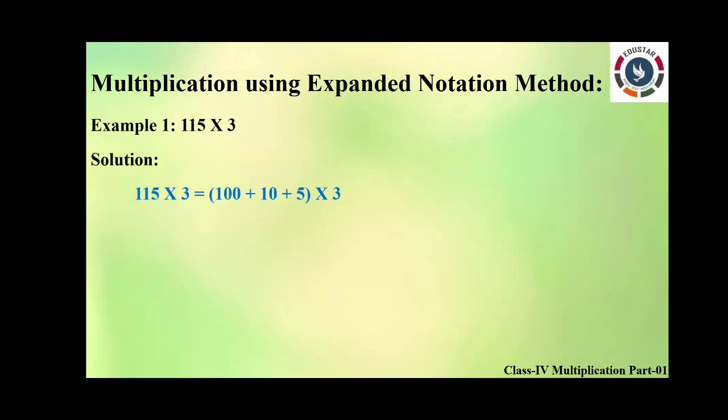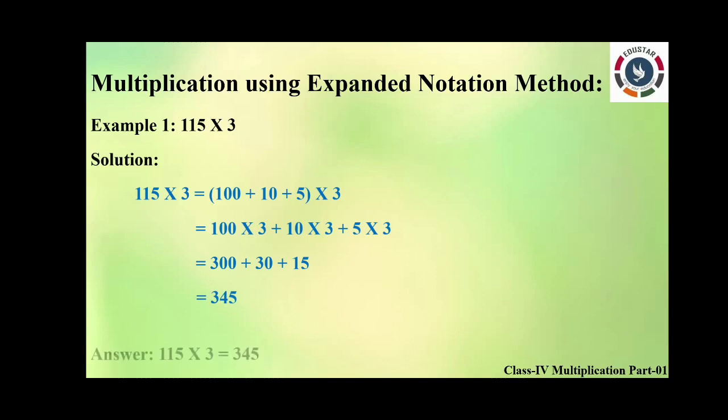Now with the expander form we have to multiply by 3. 100 into 3 plus 10 into 3 plus 5 into 3. 100 into 3 is equal to 300. 10 into 3 is equal to 30. 5 into 3 is equal to 15. 300 plus 30 plus 15 is equal to 345. So, 115 into 3 is equal to 345.